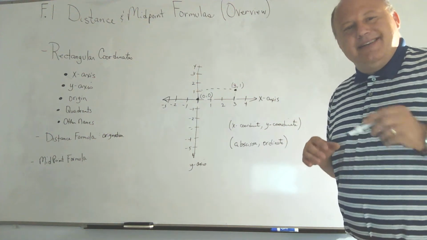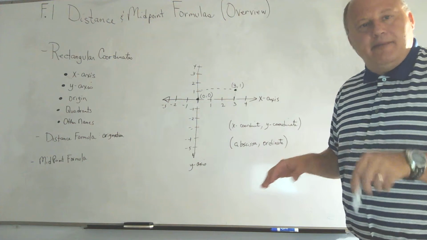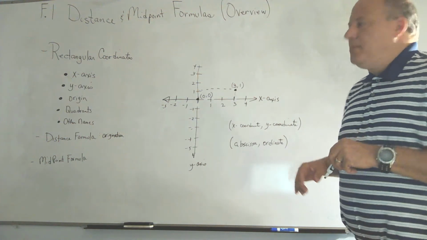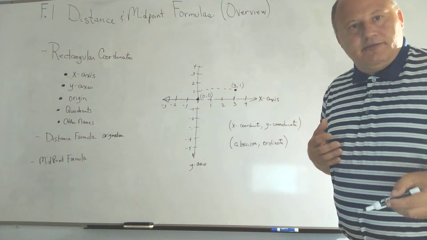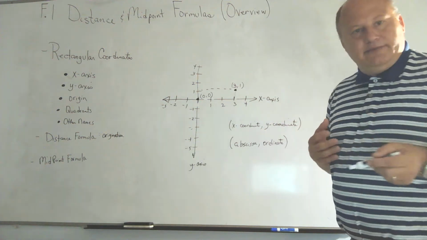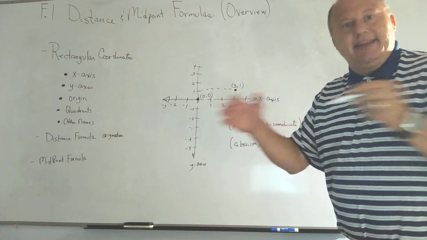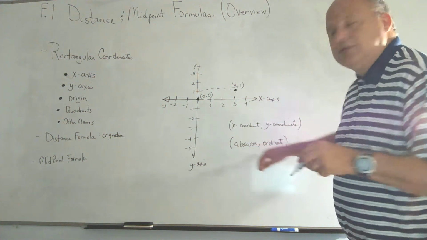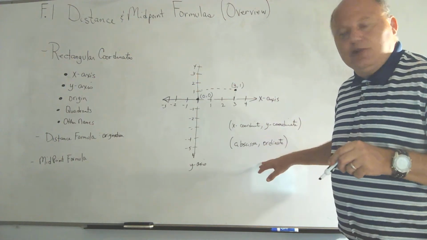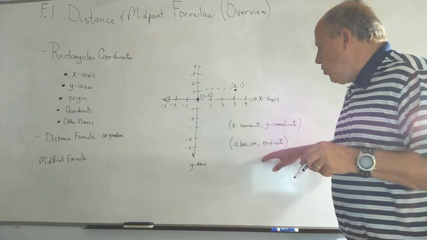It's probably not uncommon for people not to know what those are. But it's because this was created by a man named René Descartes. René Descartes was a Frenchman, and he was the one that said, "I think, therefore I am." But anyway, these words came from the French language. So abscissa is the x-coordinate, ordinate is the y-coordinate.